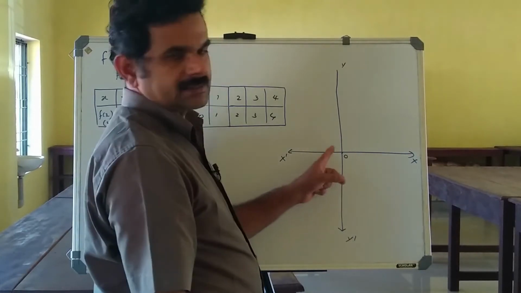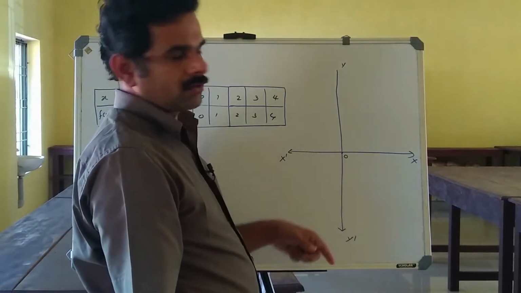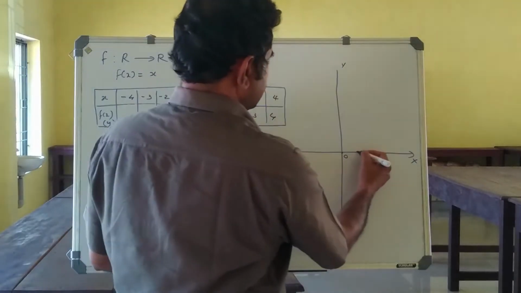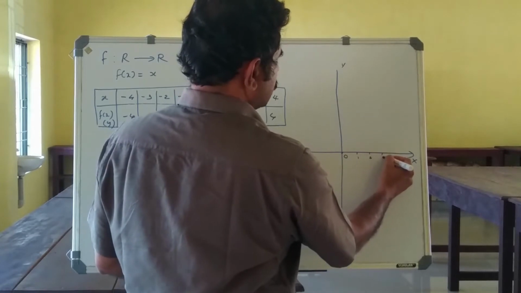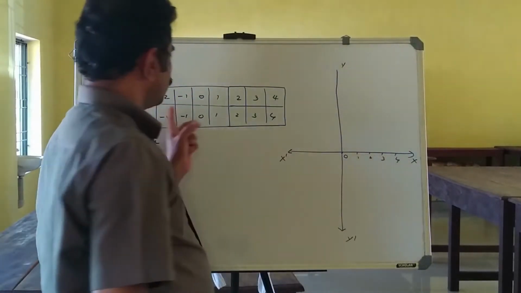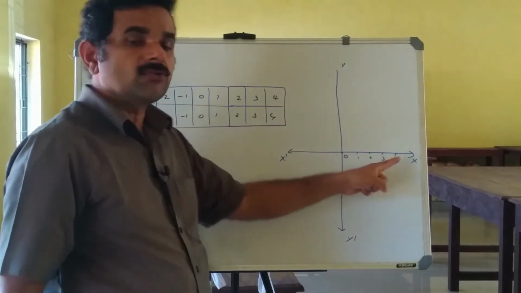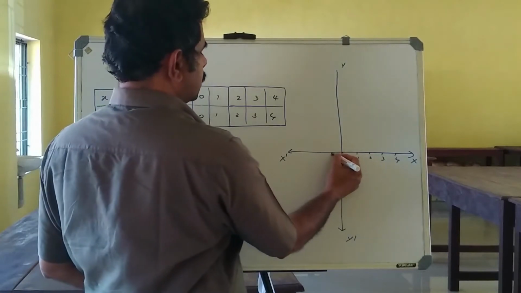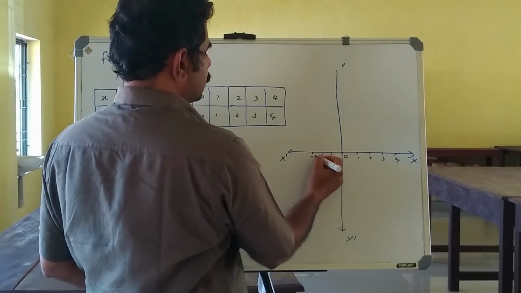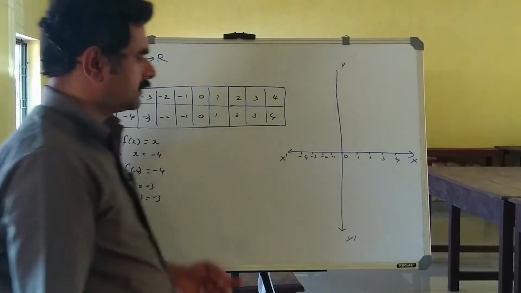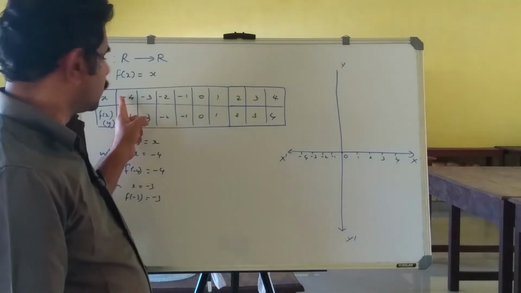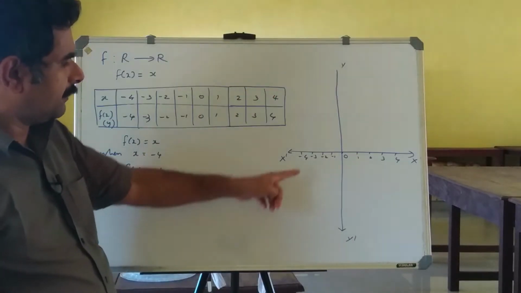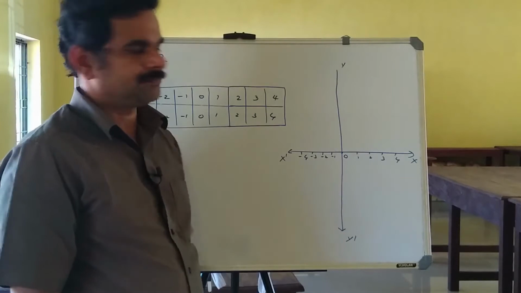Here we take the origin 0, then 1, 2, 3, 4, because we are taking the positive part up to 4. Then similarly minus 1, minus 2, minus 3, minus 4, because we are taking the domain or x values from minus 4 to plus 4 only.